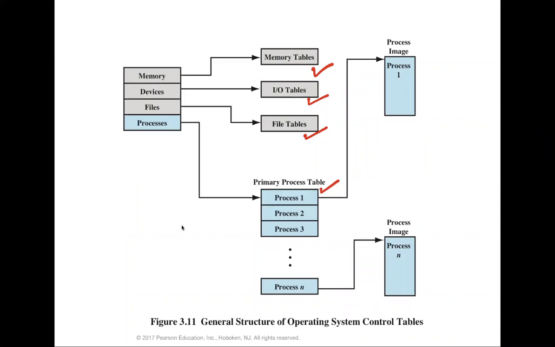All of these details will be discussed in later classes, but in today's class, I would like to give a brief introduction about the memory table, I/O table, and file tables, in addition to more information about process management and control. Keep in mind that although the details will differ from one operating system to another, fundamentally all operating systems maintain information in these four tables or these four categories.